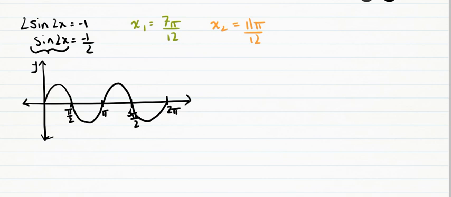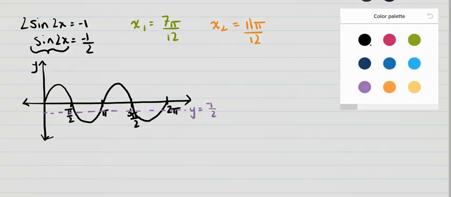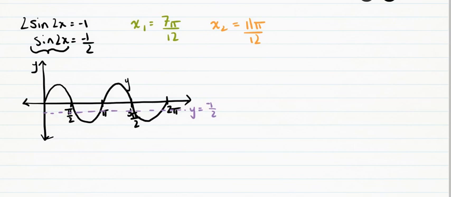So we had that sine of 2x is equal to -1/2. Well, if I show -1/2 as a y value on this graph, it's approximately here. So this is the line y equals -1/2. And this graph is y equals sine of 2x.